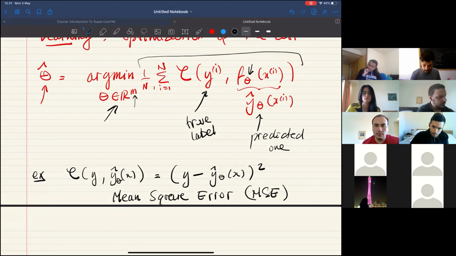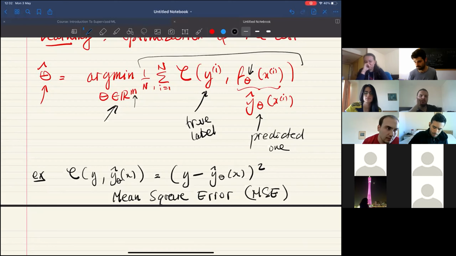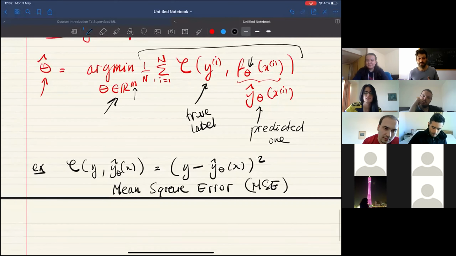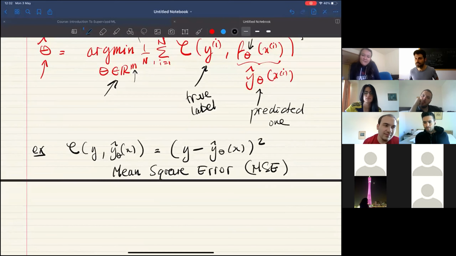Just a remark, at some point I will go a bit more into detail on this: if you are using a mean square error, implicitly what you are assuming, from a Bayesian and probabilistic point of view, is that your true labels are corrupted by Gaussian noise. So the underlying assumption behind using a mean square error is that you have some noise in your data, and this noise is Gaussian. Why is that a standard choice, even if we don't really know if the noise is Gaussian or not?